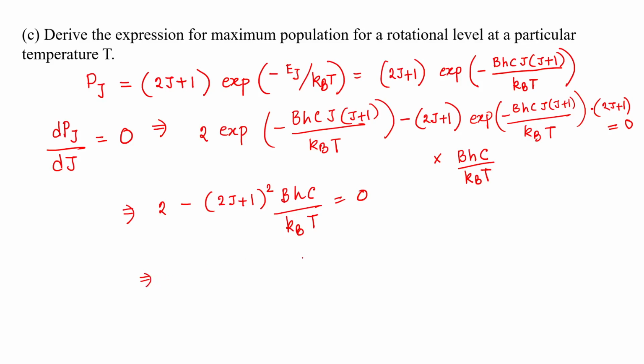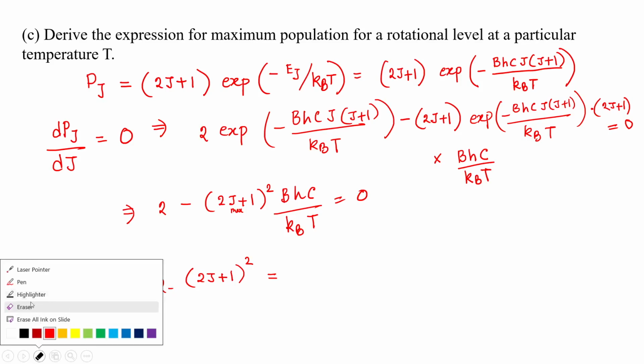So what I want to get is my Jmax. Then 2J plus 1 squared is going to be, removing the minus sign, not equal.